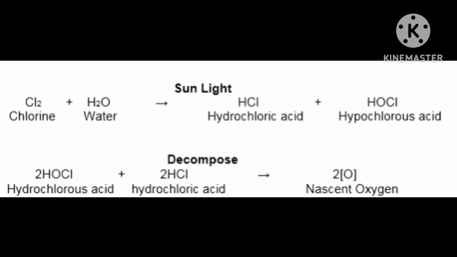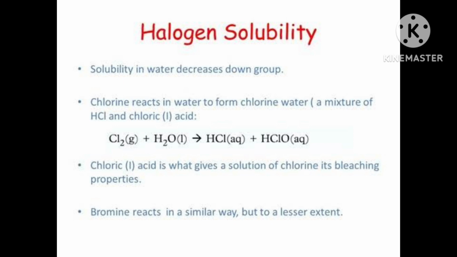Sorry for the interruption. I was telling about the composition of bleaching powder, which is asked in examination. You have seen in the reaction that Ca(OCl)2 was produced, and along with this calcium chloride was also there.